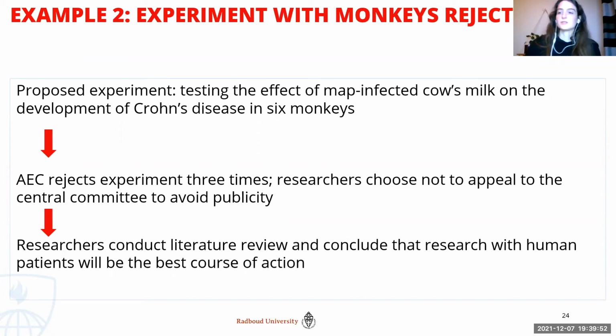And they also said, even if you were to do this with humans instead of monkeys, it still would not give you valuable results, because it's so far removed from the real life situation. The dosages were so high that it still wouldn't tell you anything about humans who actually have Crohn's disease.